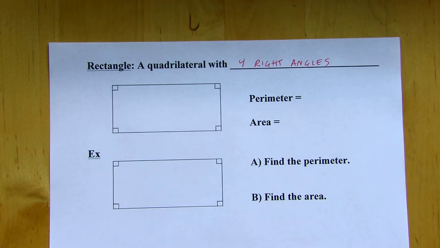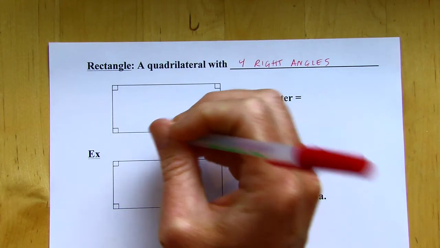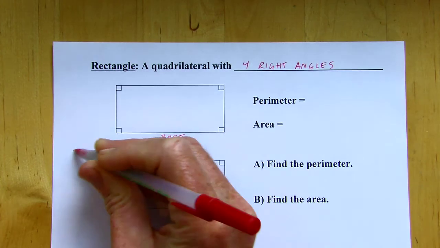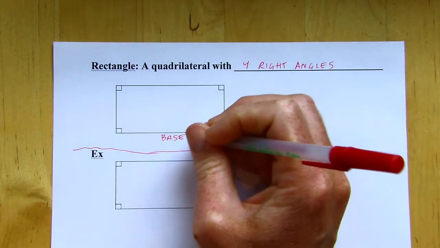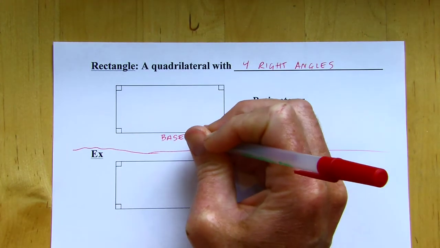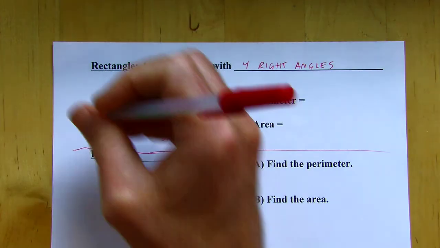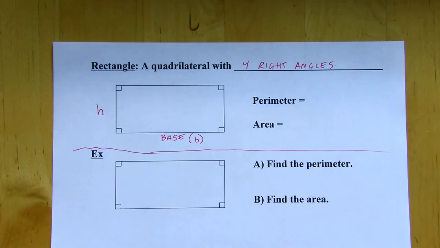All right. So if I call the bottom side of this the base, I'm going to use a lowercase b. And then I'll call this side the height. I'm just going to write an H and I'm going to write out the word height.